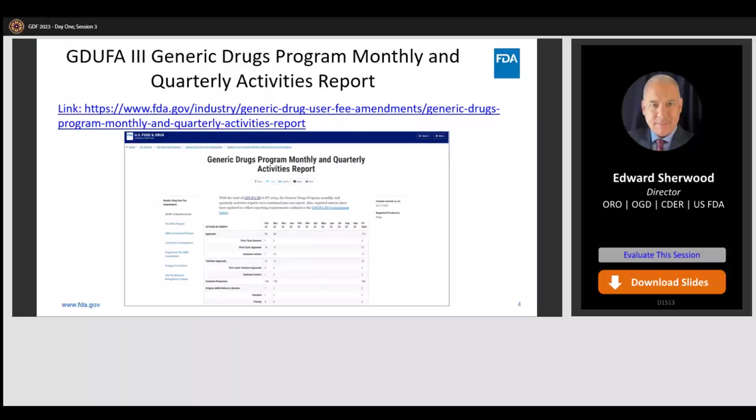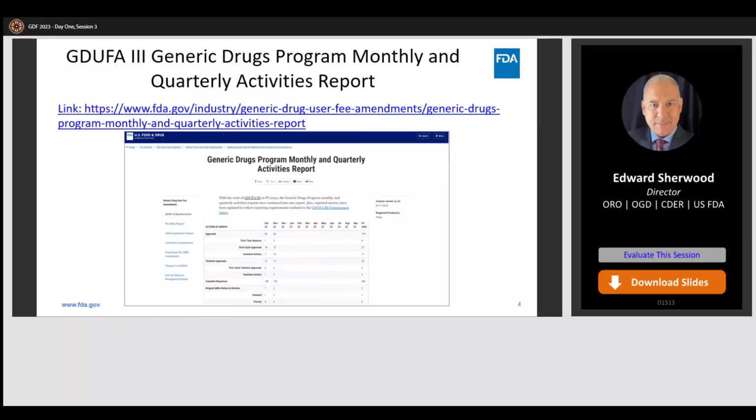You can see the link to the new report and a partial screenshot of the report itself. The specific reporting requirements for this report are based on the GDUFA III commitment letter. The commitment letter specifies which metrics are to be reported and when the metrics should be reported, either monthly, quarterly, or annually.